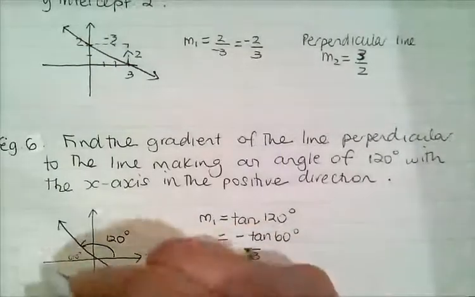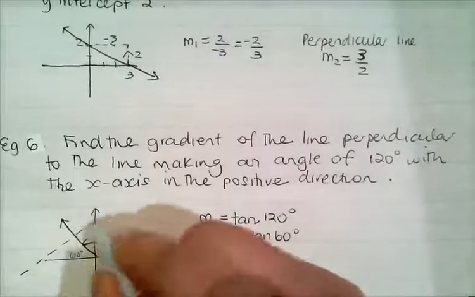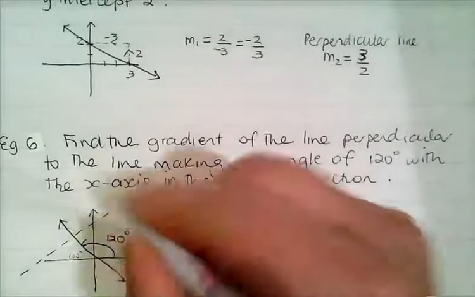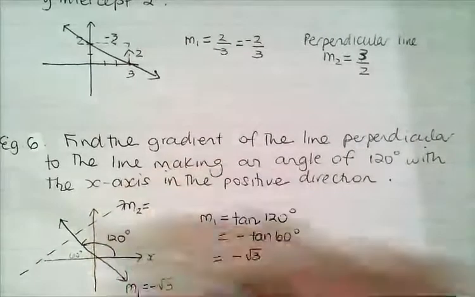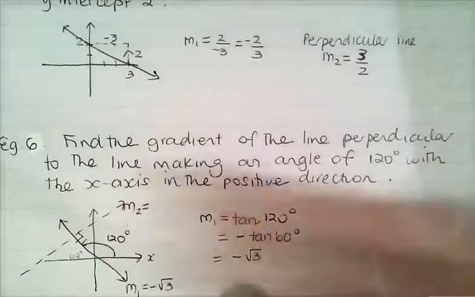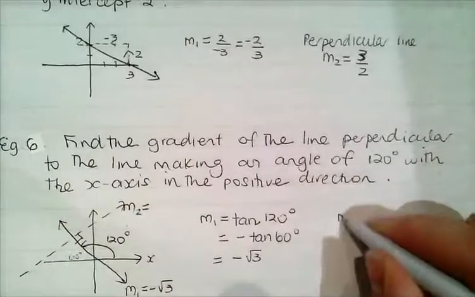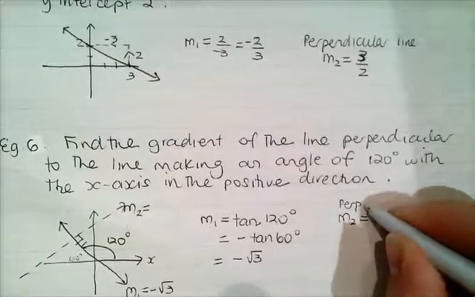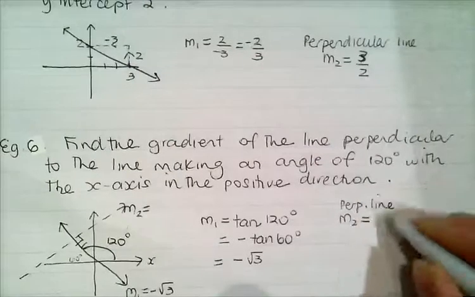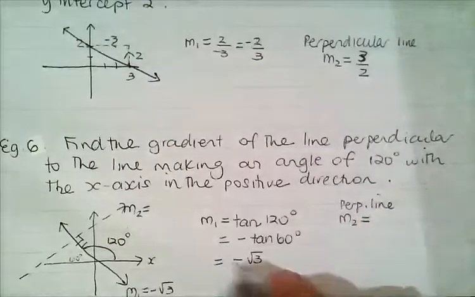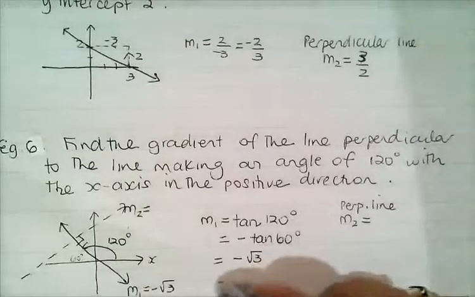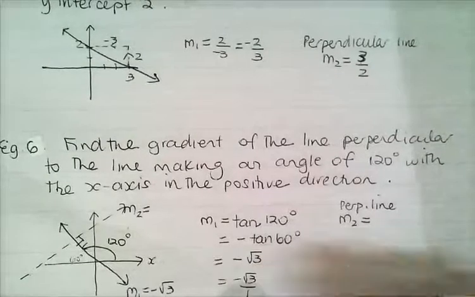Now any line perpendicular to that line, I can just draw one in here. If the gradient of this line is -√3, then the gradient of the perpendicular line will be positive. So M2, the perpendicular line, its gradient will be the negative reciprocal of that. Now I've got a negative here, this one will be positive. This is negative root 3, or negative root 3 on 1.